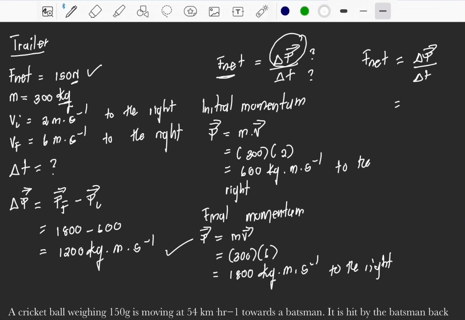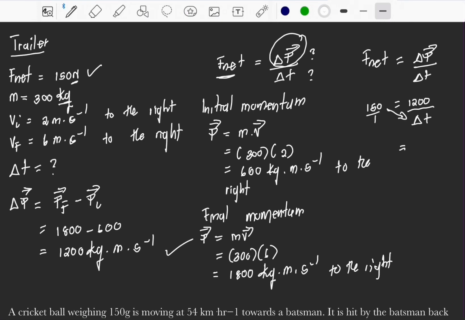And then we substitute our values. The net force is 150. And then we have the change in momentum, which is 1,200 kilograms meters per second over the change in time.